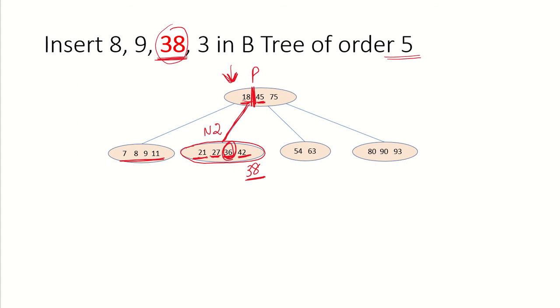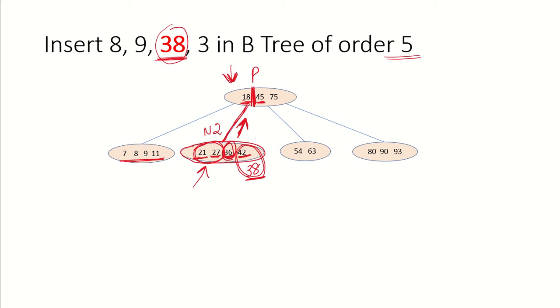Now this 36 would be shifted up to the parent node, and this node N2 would be split into 2. One node would be containing these 2 values 21 and 27, and the other node would be containing values 38 and 42. So any time when a node is full, we split it into 2.